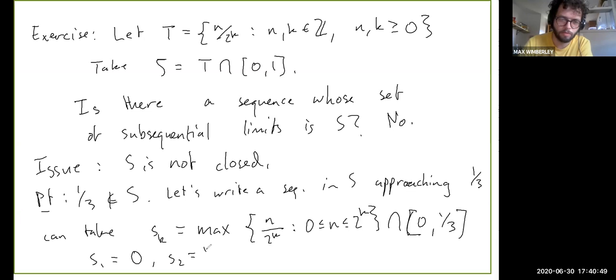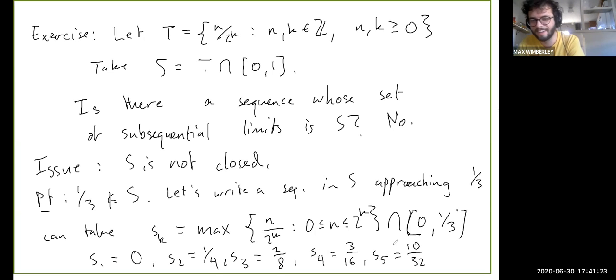And then S3 would be 2/8, I guess, which is also 1/4. S4 would be 3/16. S5 would be, 7, or no, 9, 10, 10/32. Sorry. Having a little trouble with the arithmetic.